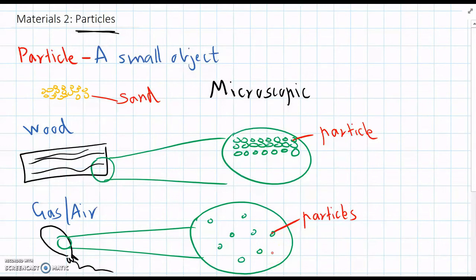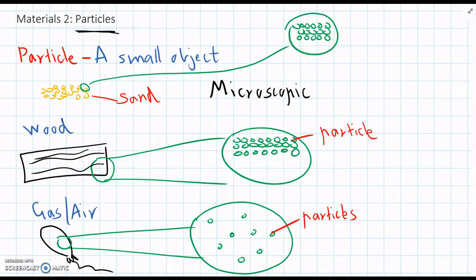And even something like the sand grain that we looked at before, if we looked at one particular sand grain and zoomed in on it, we would see that in that grain, there are actually lots of particles that make it up. So again, we have particles.